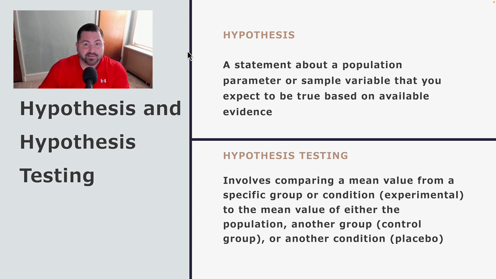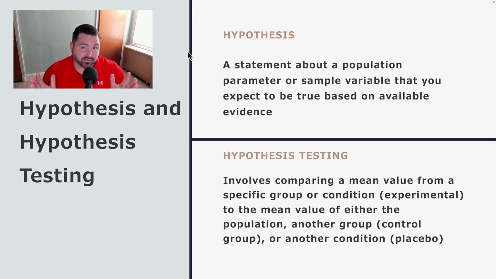And the goal is the data that we collect from the sample, we can generate a mean and a standard deviation from the sample and try to make inferences to the population. We can do it by comparing the mean of the sample to the known population parameter, or the mean of the sample to another comparison group mean and sample.